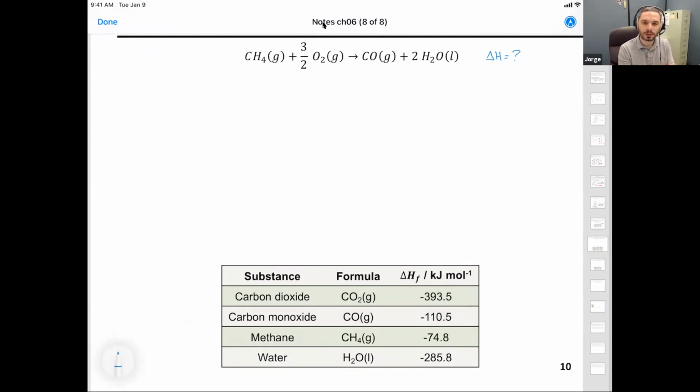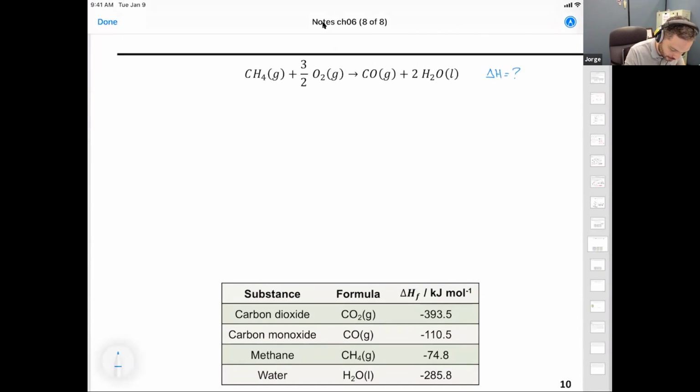Always start by looking at the reaction and identifying if there are simple substances. Remember that a simple substance is a substance formed by only one kind of element. CH4 is not a simple substance because it's formed by carbon and hydrogen.